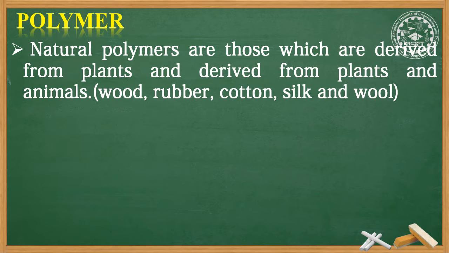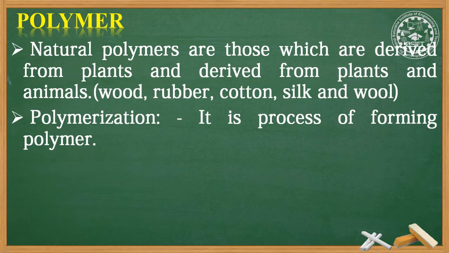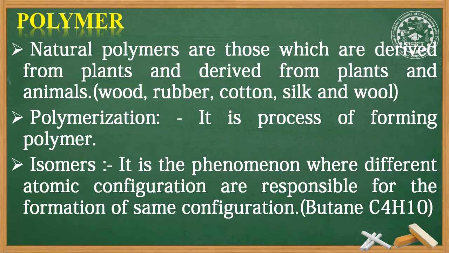Examples are wood, rubber, cotton, silk and wool. Polymerization is the process of forming the polymer. Isomers: it is the phenomenon where different atomic configurations are responsible for the formation of the same configuration.